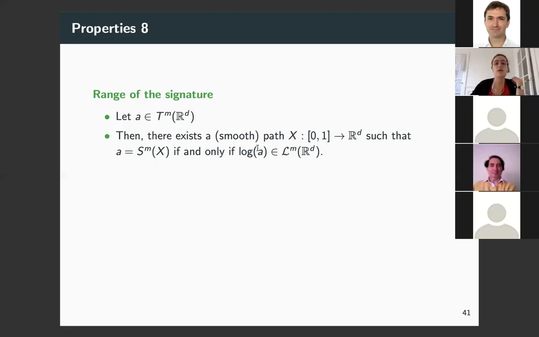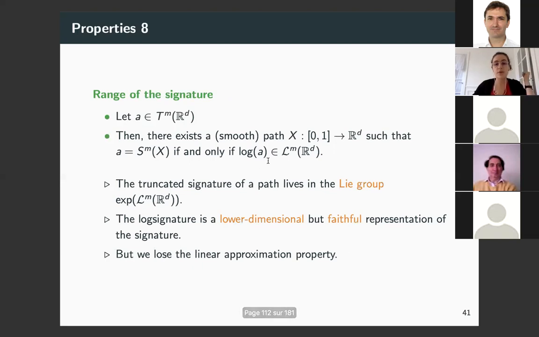And this also tells us the dimension of the log signature, of the vector space where the log signature lives, and it is much lower dimensional than Tm of R^d. So the log signature is a much lower dimensional representation of the signature, but the drawback of using the log signature is that we lose the linear approximation property that I gave before.